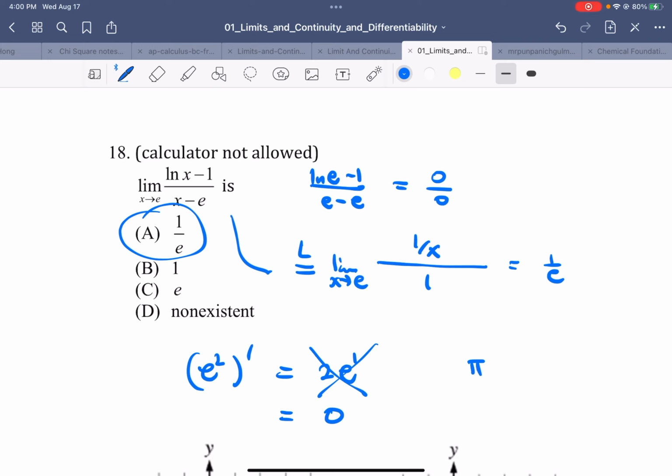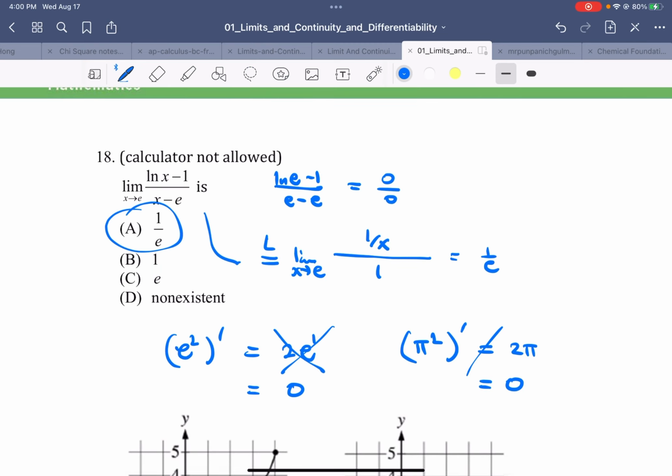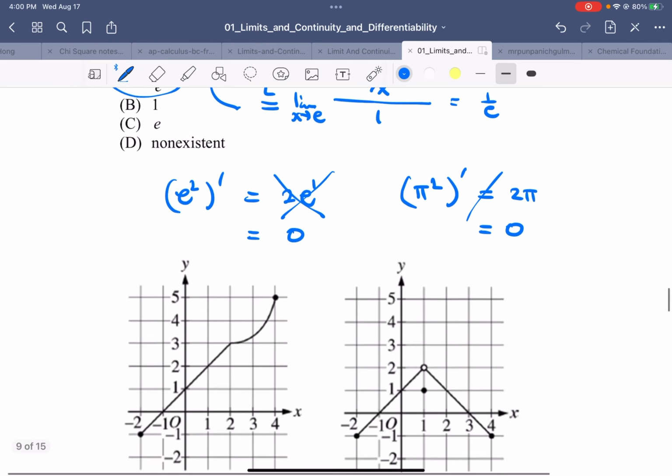It was also on a chapter test in one school: pi squared, when you take a derivative, what is it? Again, this is not 2 pi. You have to say the derivative of any constant is 0, so don't get trapped. For any constant, when you take a derivative, you should say 0.